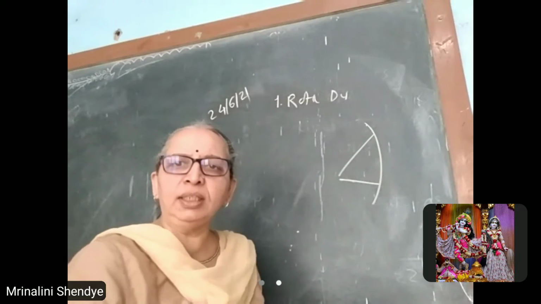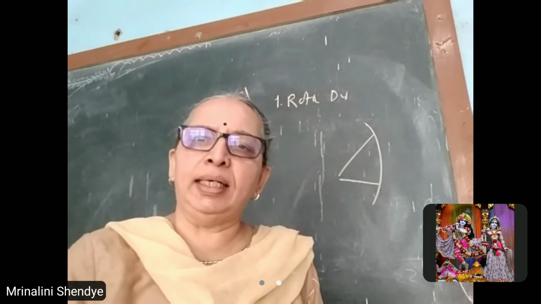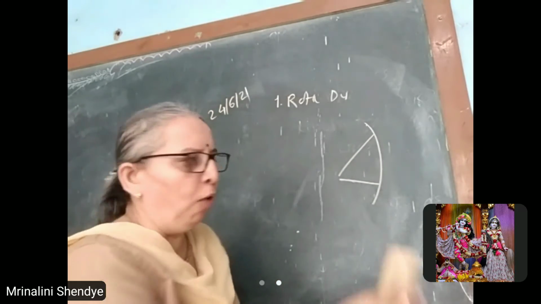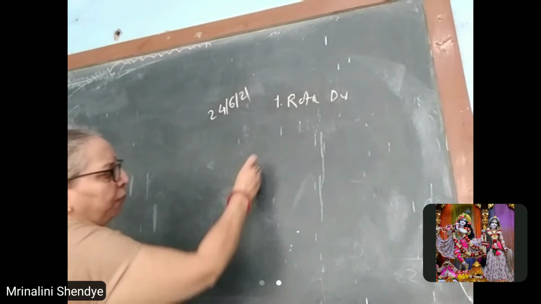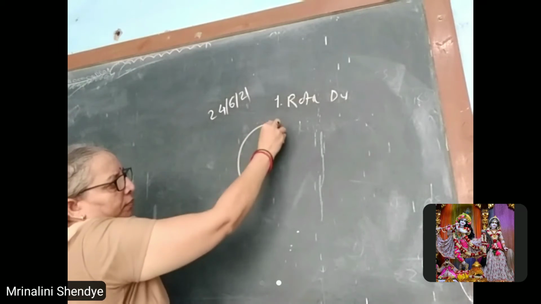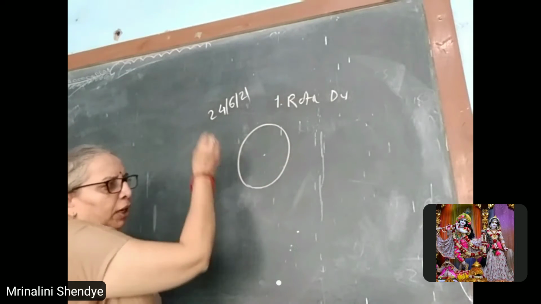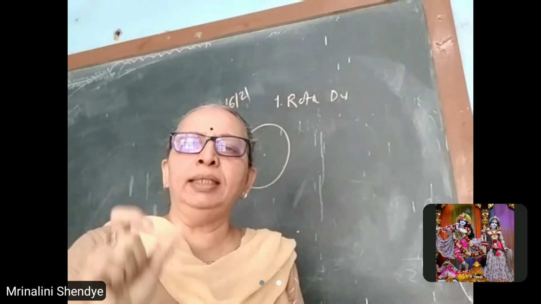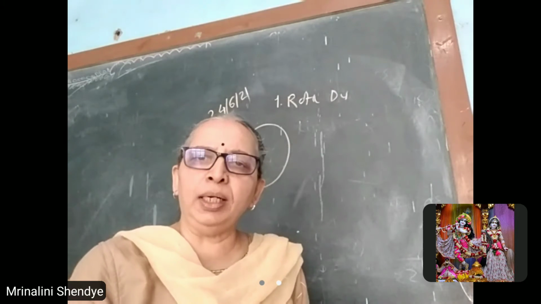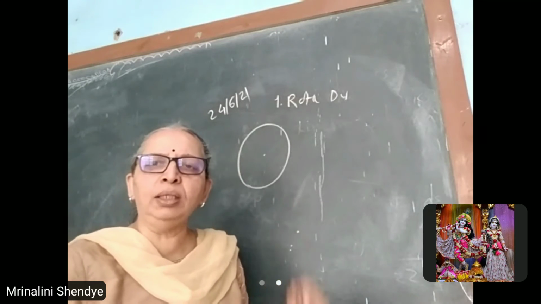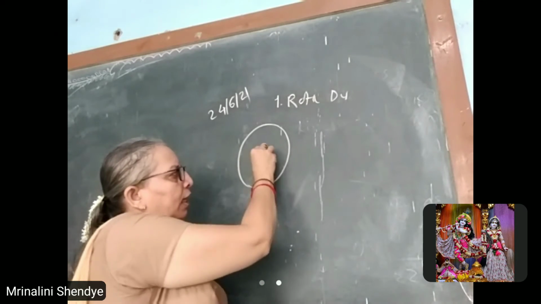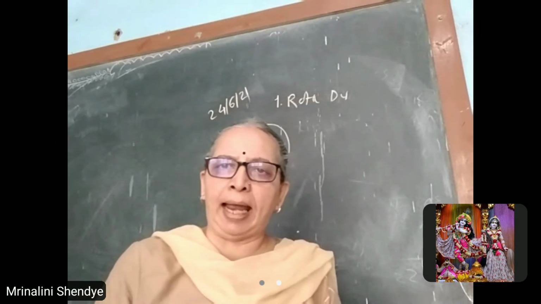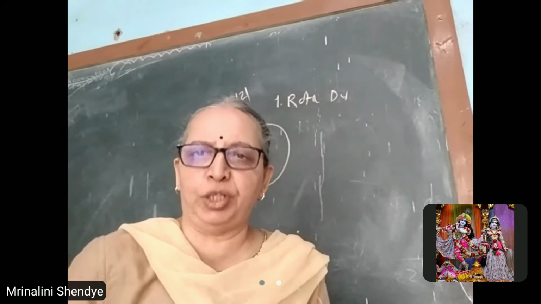In the simplest case, we consider the motion of an object along the circumference of a circle, because a circle has a fixed radius. So in the simplest case, motion performed by a particle along the circumference of a circle is the example of circular motion.